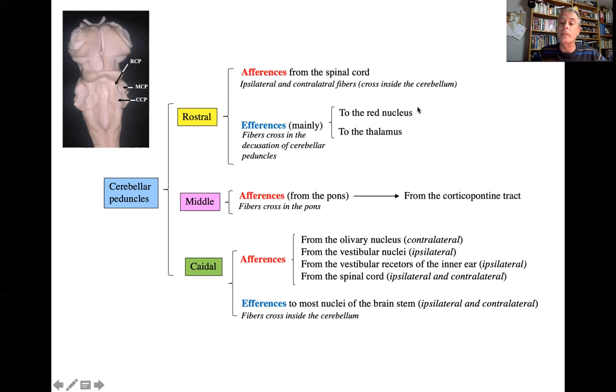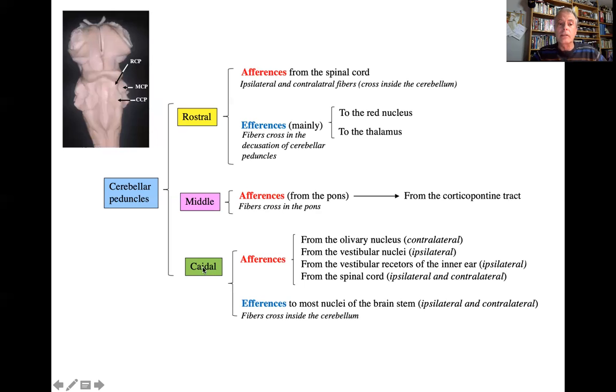Because this information is coming from the cortical areas, coming down, forming part of the crus cerebri, and forming the longitudinal fibers of the pons, reaching the pontine nuclei. The fibers that enter from these pontine nuclei go through the middle cerebellar peduncle and enter the cerebellum. These are the transverse fibers of the pons.